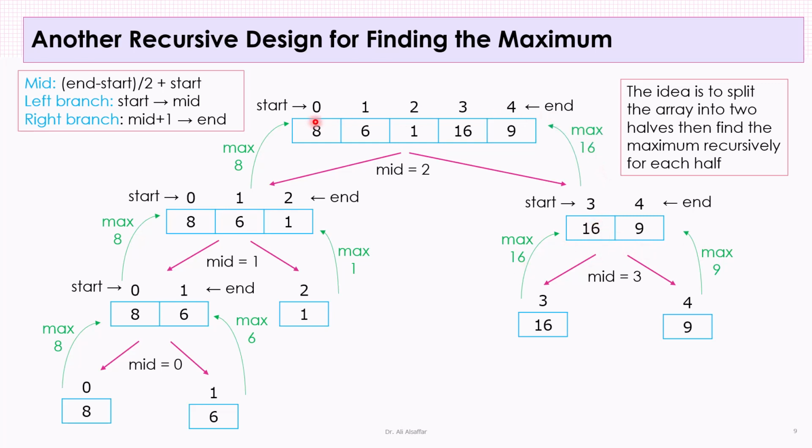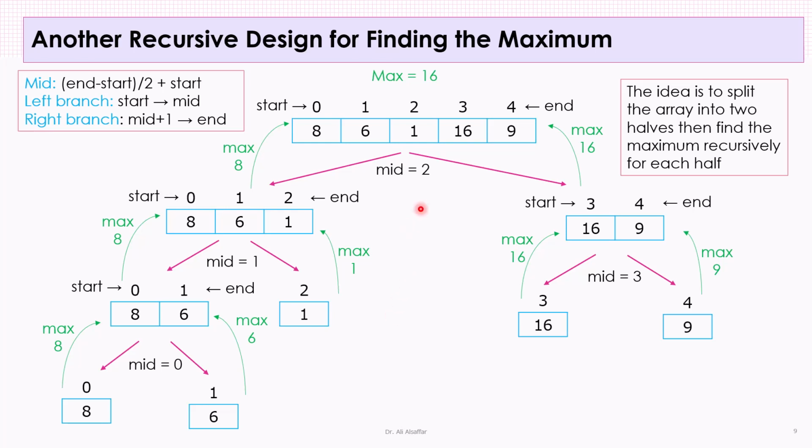Now at the first level, after backtracking and reaching the first call, 8 will be received as the maximum of the left branch and 16 will be received as the maximum of the right branch. And after comparing these two return values, the maximum is equal to 16 and therefore this call will retain 16 as the maximum. So this is how it works if we want to find the maximum element of an array when we divide the array into two halves.